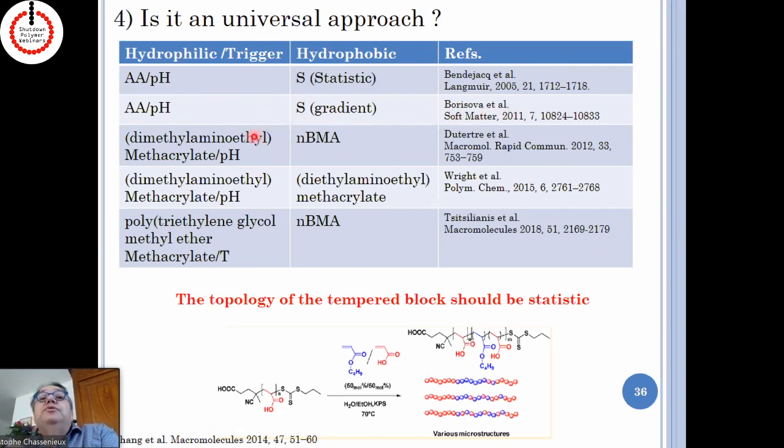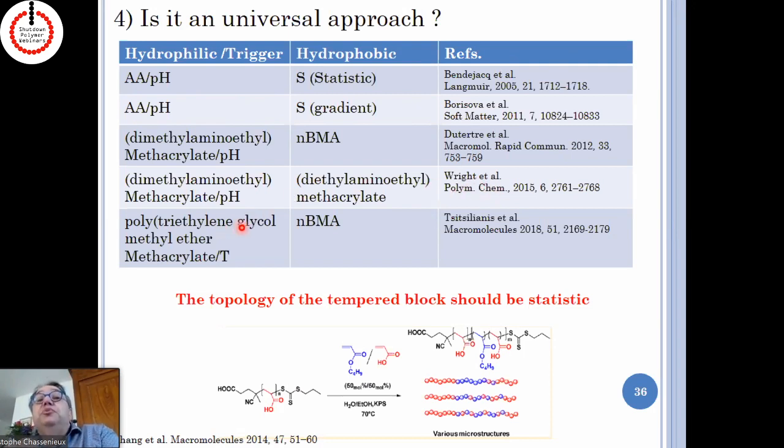It's possible also to use other pH sensitive units instead of acrylic acid, such as dimethylaminoethyl methacrylate. This is work that has been obtained in Le Mans by Fabien Deruelle, or in the group of Rachel O'Reilly in the UK by, I don't remember his name, but his family name is right.